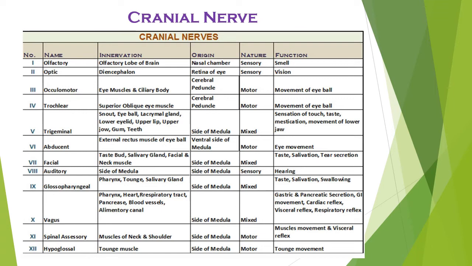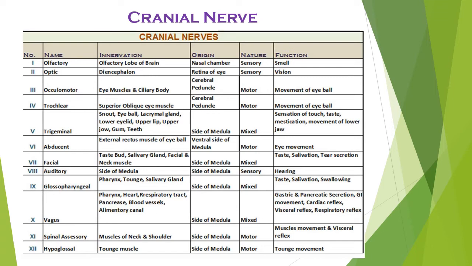But what is important, I want you to remember a minimum of 3 examples. Number 1 is olfactory, number 2 optic and number 8 auditory. If you see their nature in column 5, all are sensory in function, correct?